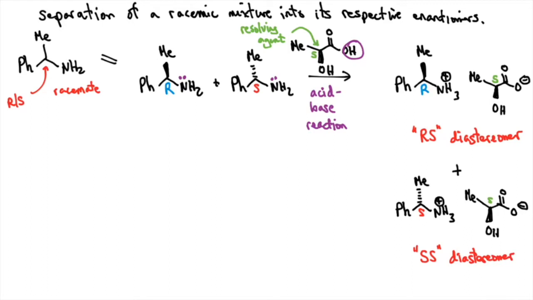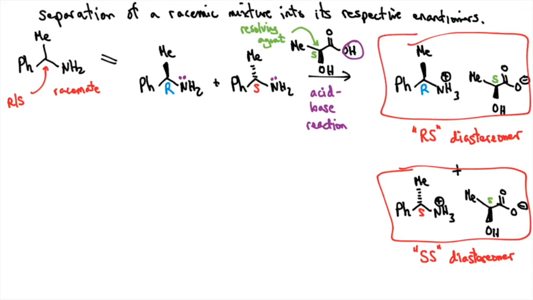Now these diastereomers can behave as one molecule. So this whole thing here is one molecule, and this whole thing here is one molecule. They happen to be diastereomers. And because they're diastereomers, they have different physical properties. So what we can do is take these diastereomers and separate them.